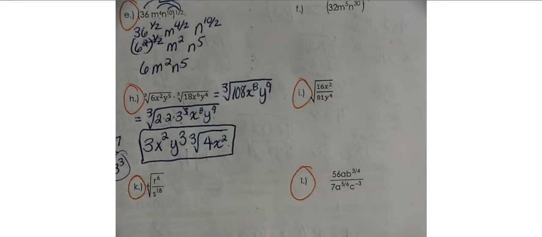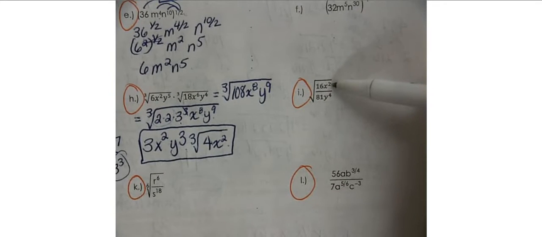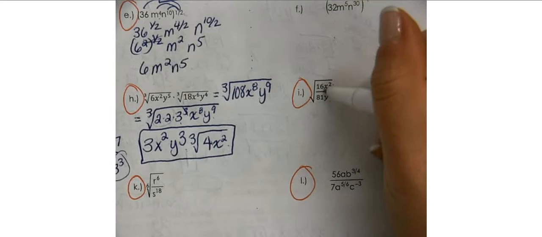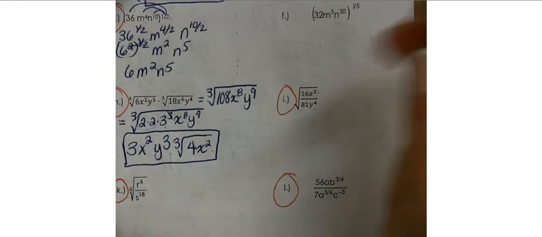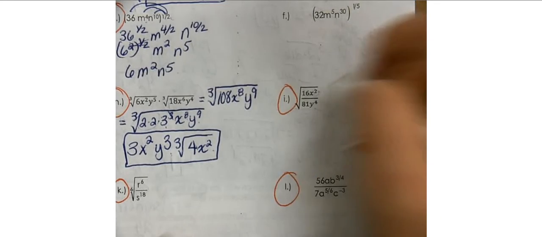For letter I, we're talking about the square root of 16x squared divided by 81y to the 4th. Since 16 and 81 have nothing in common, and since x and y are not the same letter, I'm going to take the square root of the numerator and divide it by the square root of the denominator.